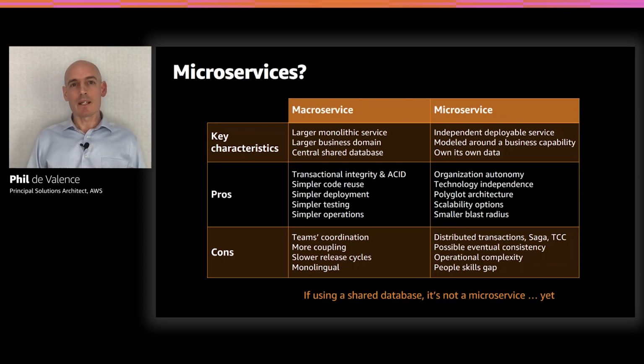For example, managing distributed transactions and losing ACID properties are difficult. Dealing with the eventual consistency may not be acceptable. Network latency and failures can make things unpredictable. Microservices operational complexity can increase exponentially with the proliferation of functions, databases, and interfaces. As James Lewis says, microservices buy you options.